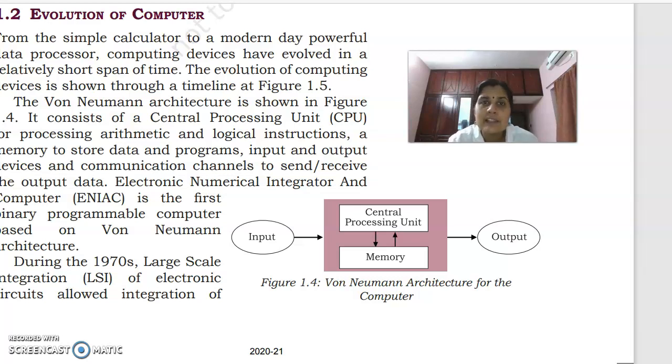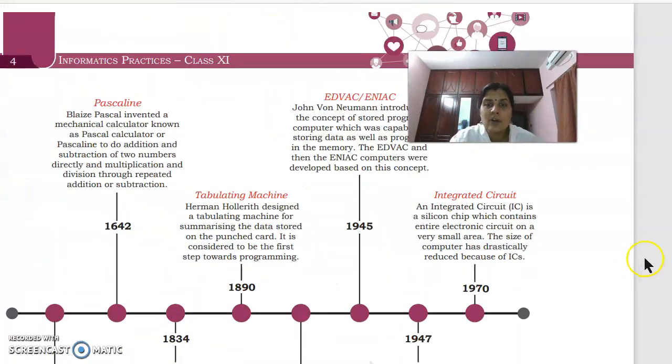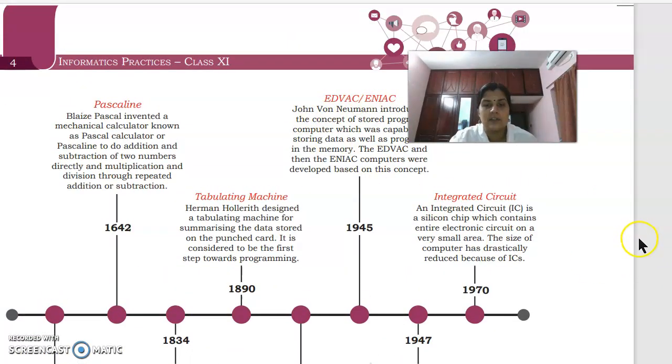The memory unit supplies data to the CPU and it can also access data from the CPU. This is the first generation of computer, which consists of CPU, input, output and memory, known as ENIAC or EDVAC.